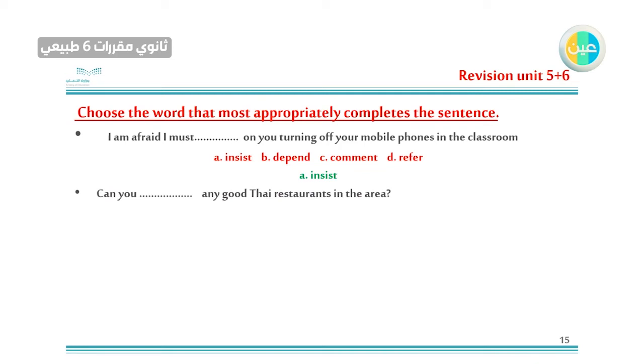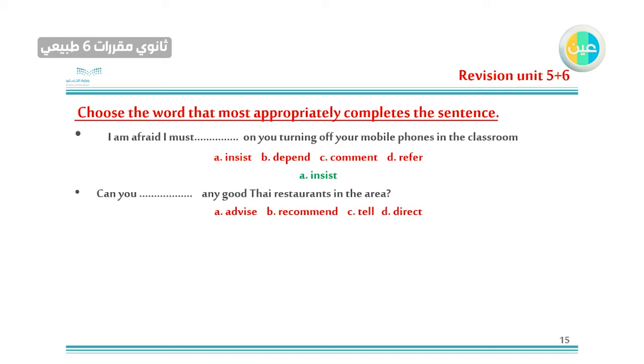Can you any good Thai restaurants in the area? When we ask about a good restaurant, good cafe, good place, it means we want a point of view, or advice. So advice, recommend, tell, or direct. What is the most appropriate word here to complete the sentence?